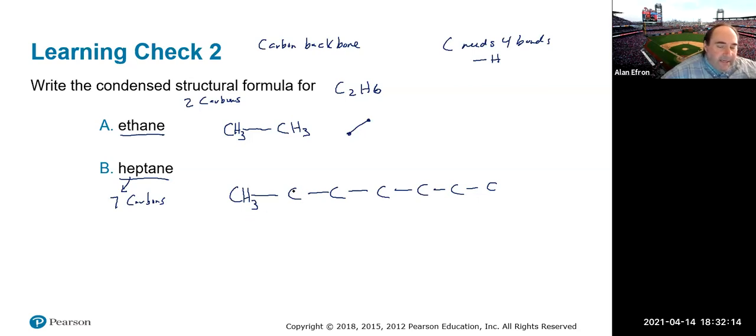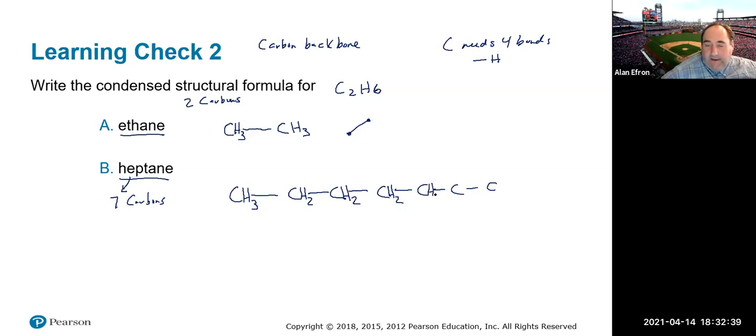Now by doing this, I can see the carbon in the middle has one line to the left, one line to the right. That's 2 lines, which means to get it to 4, it needs 2 hydrogens. Same thing with the carbon next to it, 2 lines coming in, it needs 2 hydrogens. Same thing with the next one, 2 lines coming in, needs 2 hydrogens to get to 4.